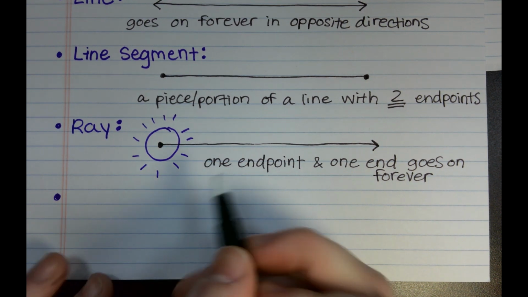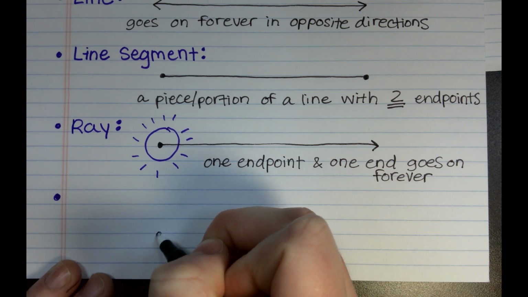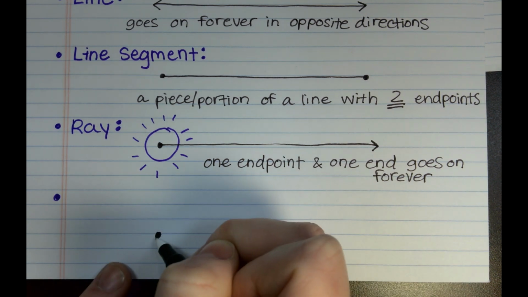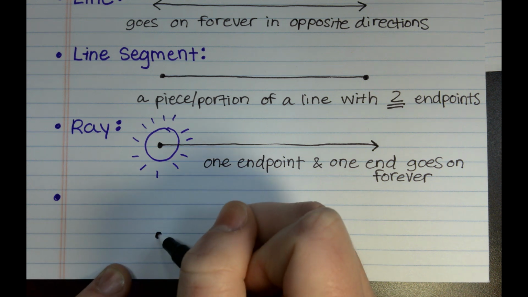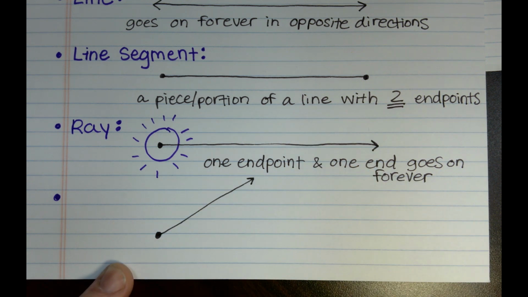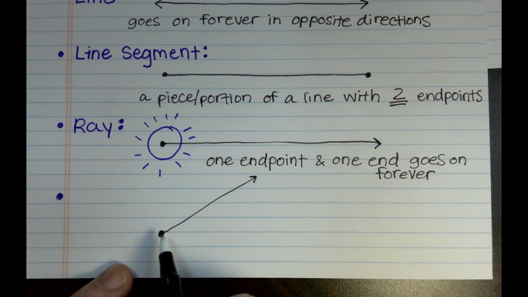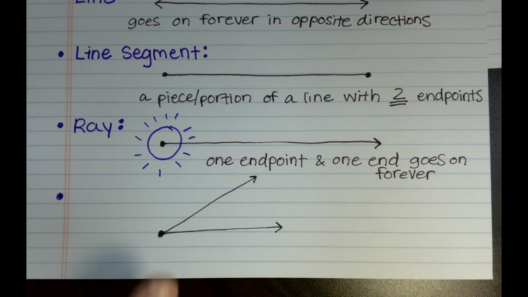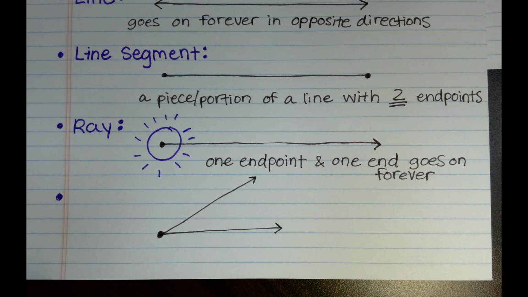If I have a point that a ray comes off of, and on that same point, another ray comes off of it, this is what we call an angle.